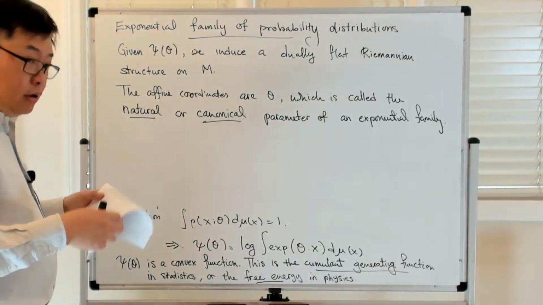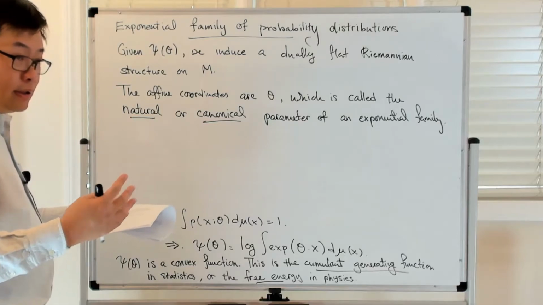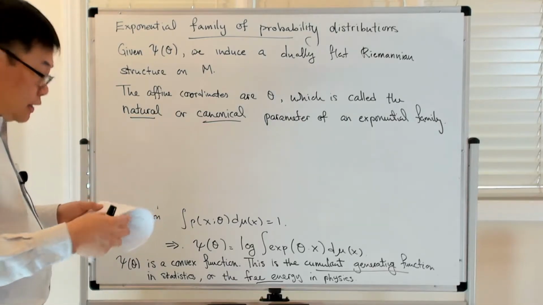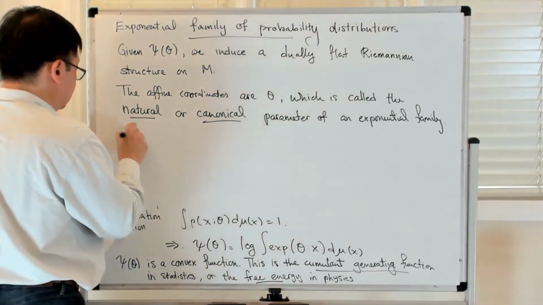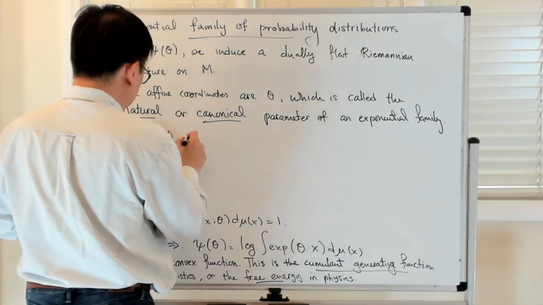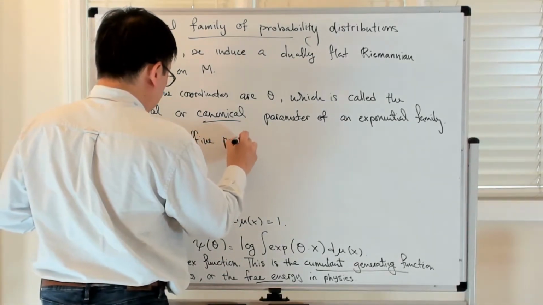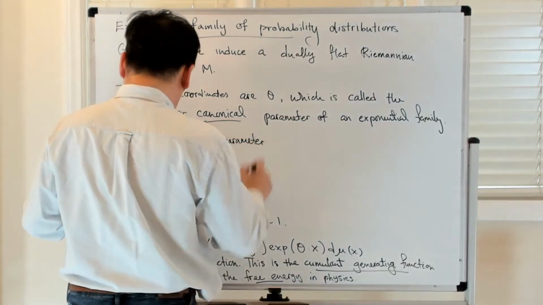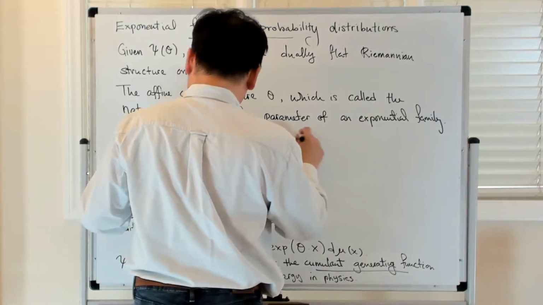And then if you recall, once you have that and the convex function, you can construct a dual set of coordinates via the Legendre transform. So the dual affine parameter is given by applying the Legendre transform.